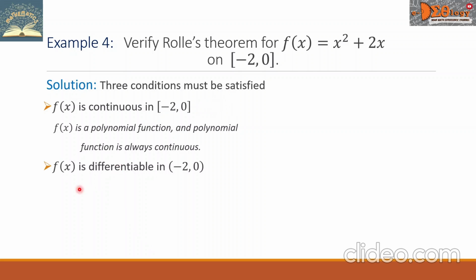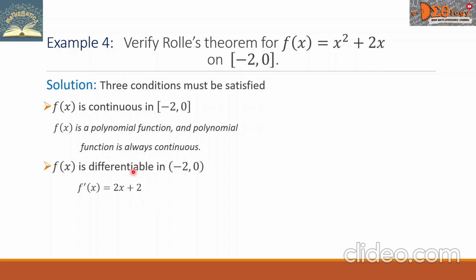Second condition, f of x is differentiable in the open interval from -2 to 0. So, we take the derivative of the function. F prime of x equals derivative of x squared is 2x. Derivative of plus 2x is plus 2.